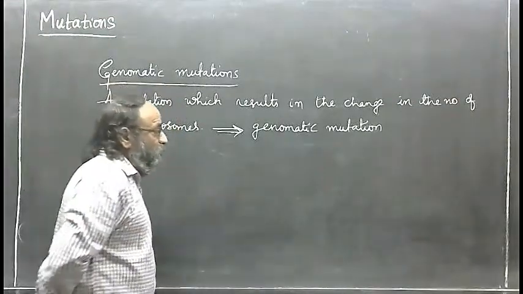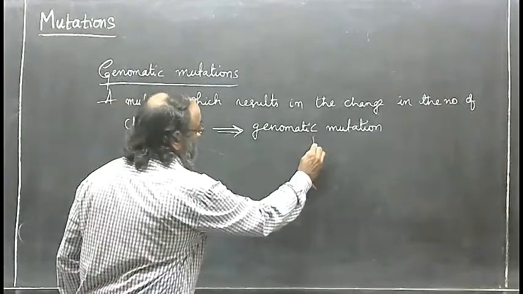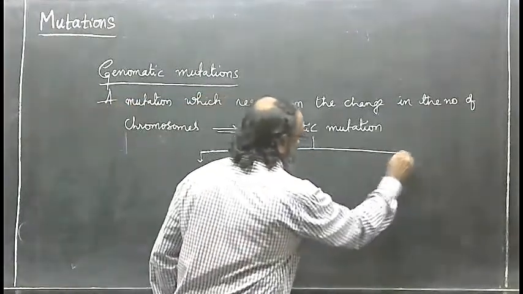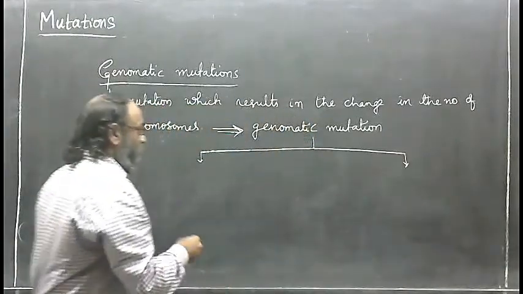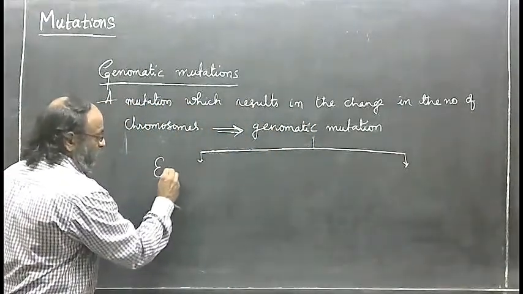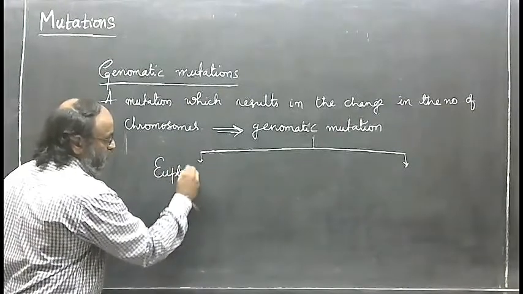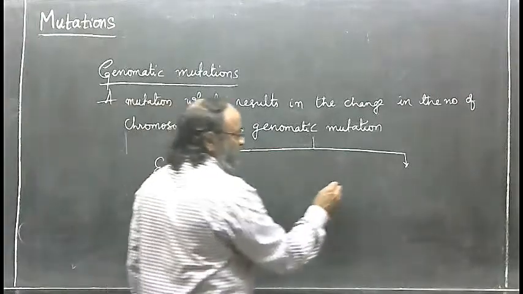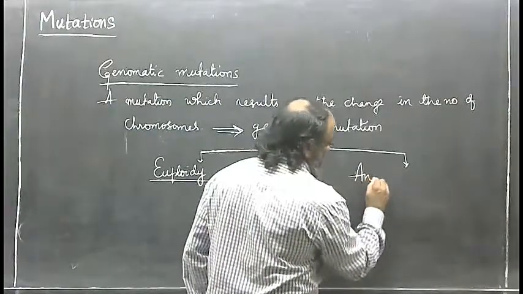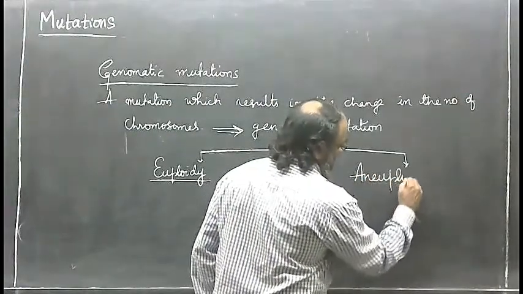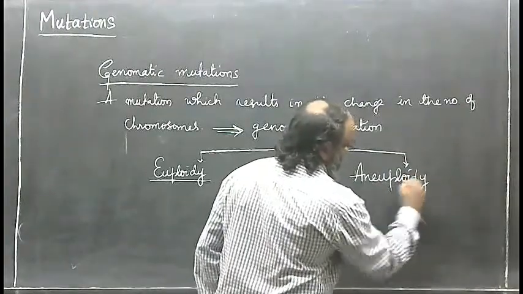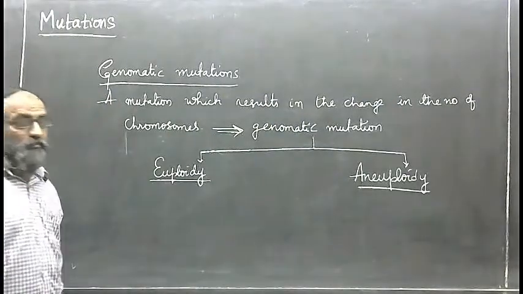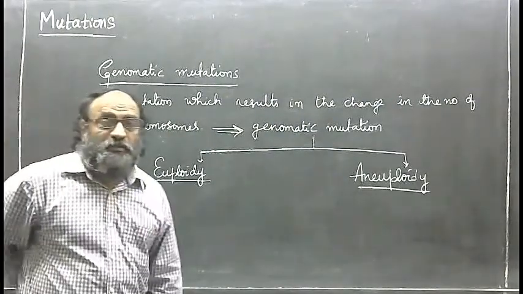And this genomatic mutation can be studied under two heads. One is euploidy, and the other is aneuploidy.